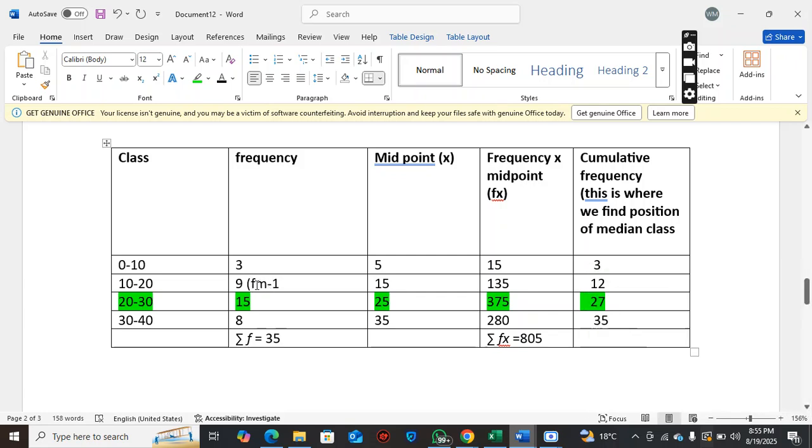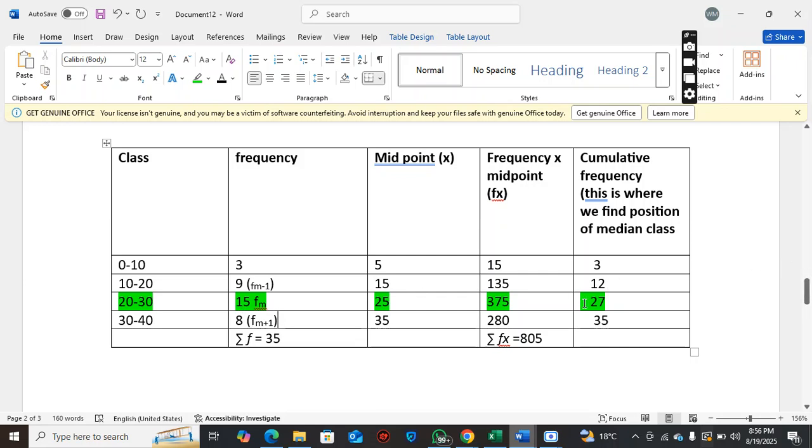Then this is your Fm, frequency of the modal class, and Fm plus 1 is the frequency after the modal class.